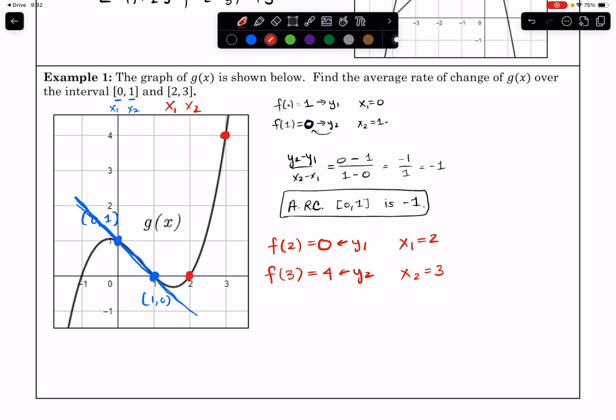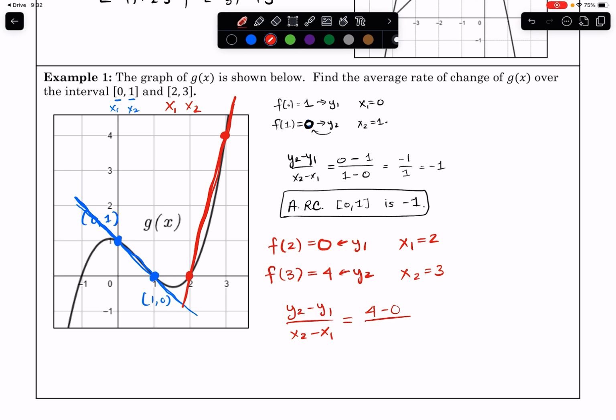So the way we're going to figure out the average rate of change is by now getting the slope formula. So y2 minus y1 over x2 minus x1. So the y2 is 4 minus 0. What I'm doing now is I'm looking for the slope of the line that connects these 2 points. So if I draw a straight line from the point down here at the x-axis to the point right there at 3, 4, we're looking for the rate of change.